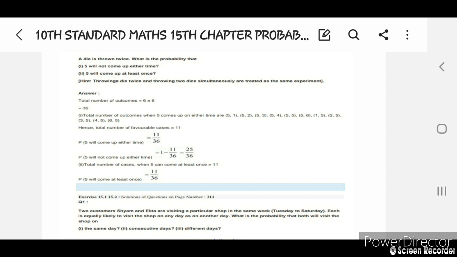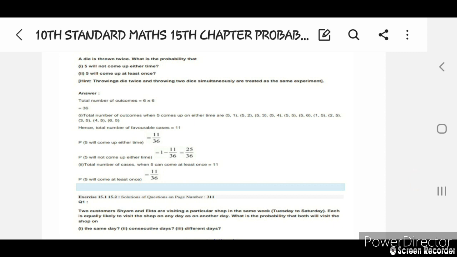The outcomes in which 5 comes up on the die are (5, 1), (5, 2), (5, 3), (5, 4), (5, 5), (5, 6) or (1, 5), (2, 5), (3, 5), (4, 5), (6, 5). Now I will give clarity on how 36.